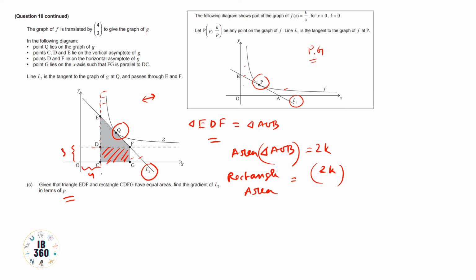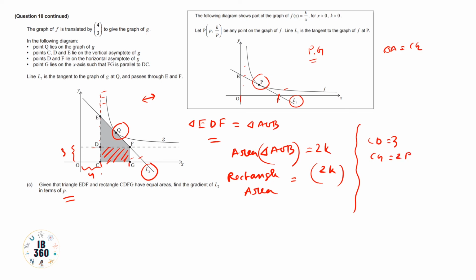From the image you can see CD is equal to 3, and CG, from the previous graph, is nothing but OA. So OA equals CG, this portion equals CG. So it will be 2p.